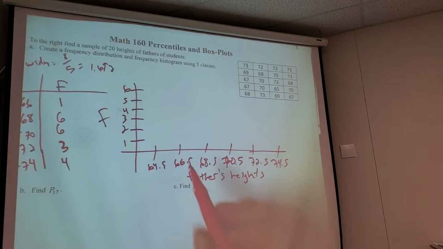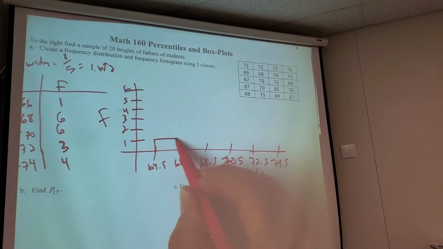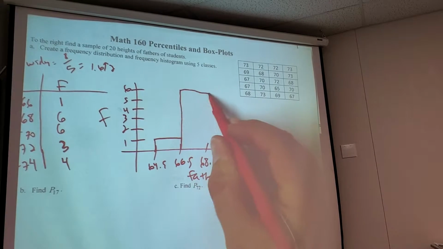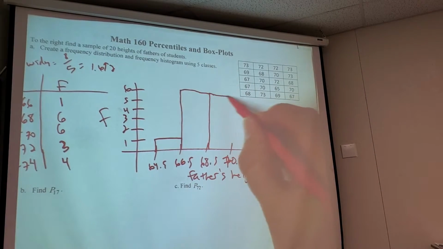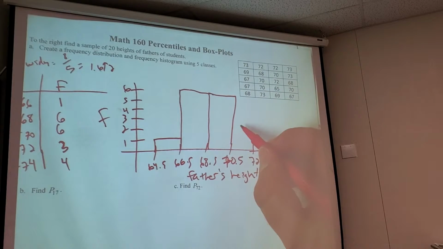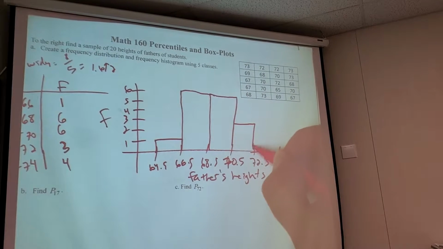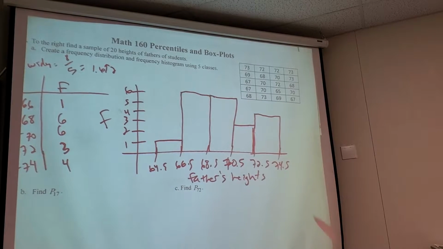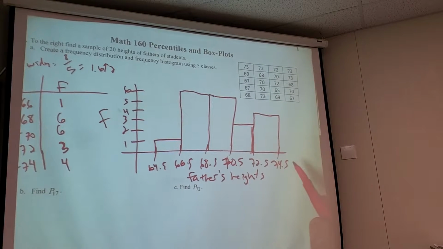And then I just make the bar as tall as needed, so that's 1. This is going to be 6. This is going to be 6. And this is going to be 2. This is going to be 4. You always get some guys who are overstating their height.